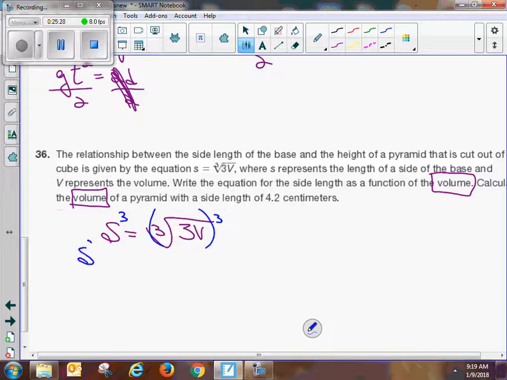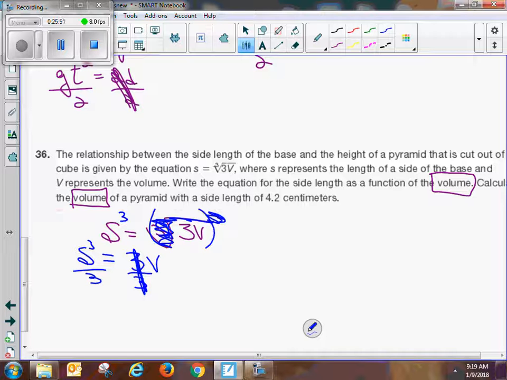So now you have S cubed equals, these guys are inverses, so they delete. Almost there. What else would you do? Divide by 3. So volume is side cubed, then divide by 3. That's what it's saying. Question there.